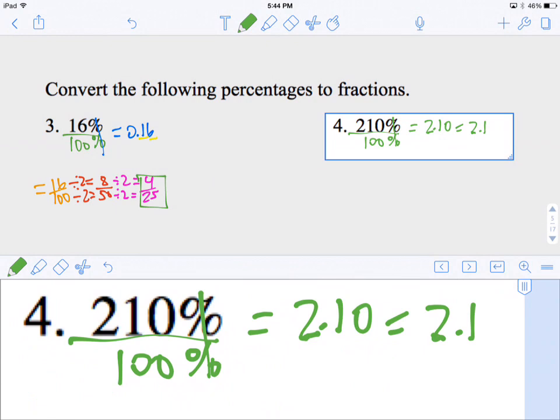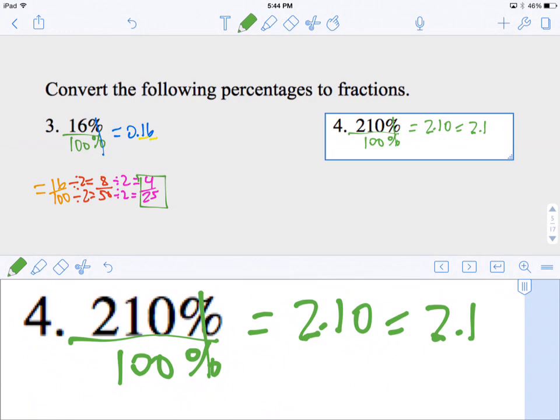So I don't really like mixed numbers. You guys use mixed numbers sometimes, but in Algebra 1, those go away. We'd much rather have improper fractions. So I'm going to rewrite 2 as 20 tenths. What this really is is addition. And we've got 1 more tenth.